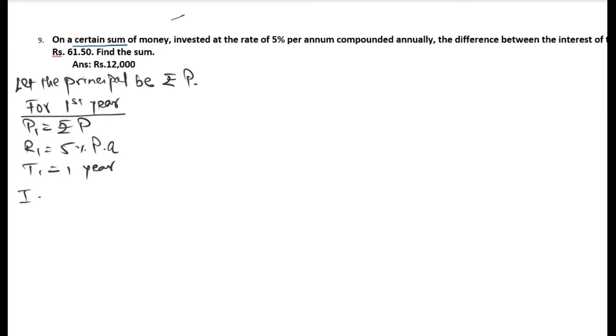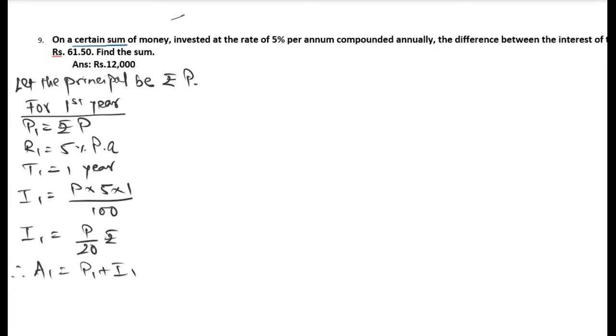So I1 is equal to P1 into R1 into T1 upon 100. So I1 is equal to P by 20 rupees.